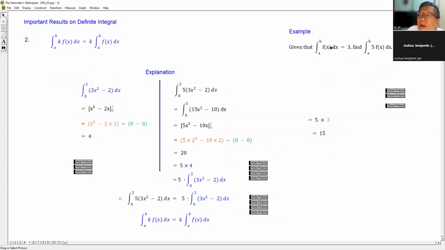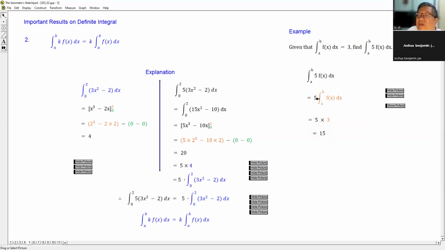15. If you compare the two, it's the same, except that this one has a 5 in front. So can you guess what the answer is if there's a 5 in front here? 15, correct. In other words, if you want to integrate with a 5 in front, you can always take out the 5.